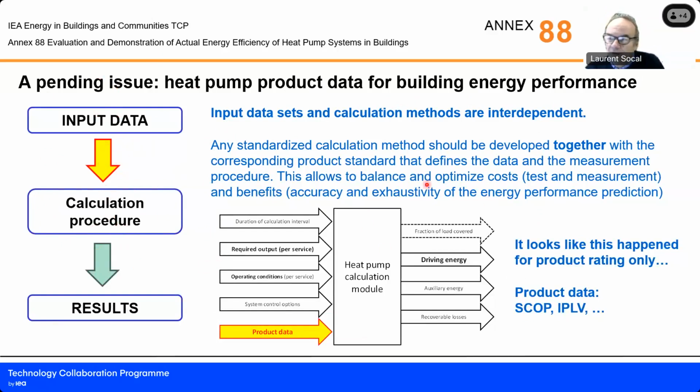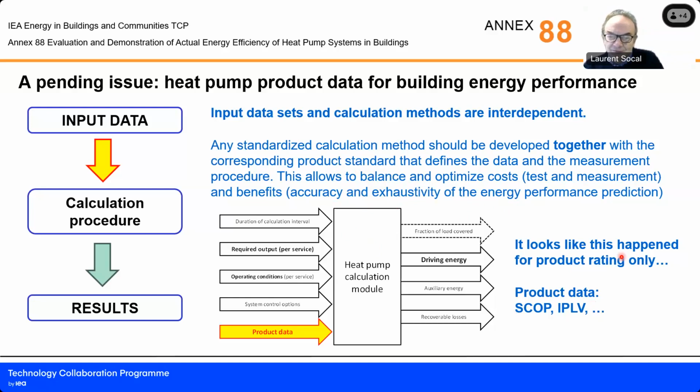And this is a problem, because you can imagine, since the performance is so varying, you need quite a big amount of information to be able to accurately and exhaustively map the energy performance. And of course, we have to reach a balance between accuracy, exhaustivity, and the cost of finding out the product data.